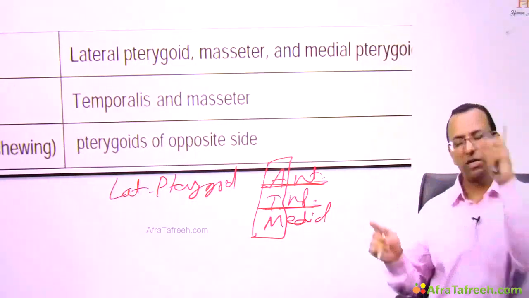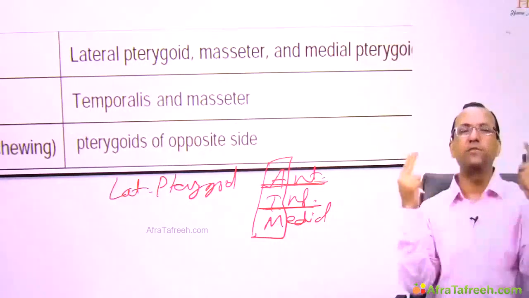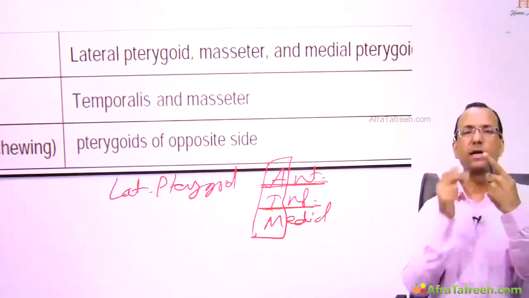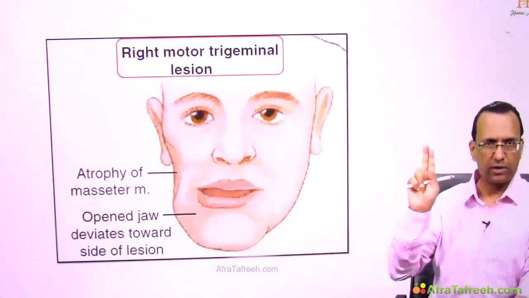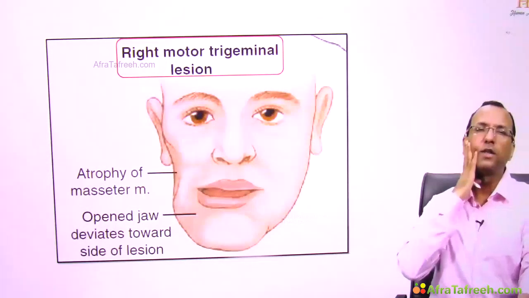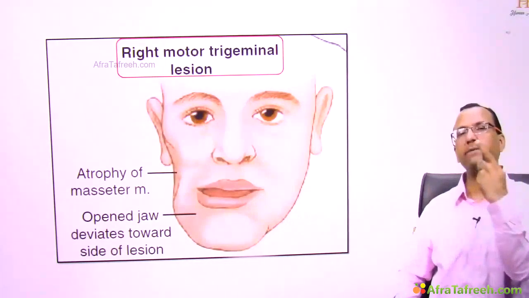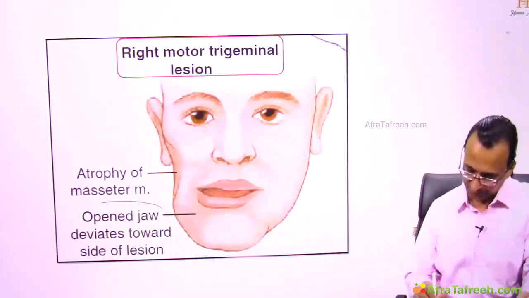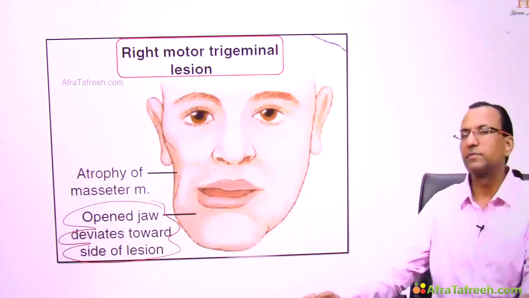Why? Because the other lateral pterygoid is unopposed, more powerful. Normally the lateral pterygoids balance each other, medial cancelled. This is right-sided trigeminal not working, right-sided atrophy of muscle, lateral pterygoid not balancing, so the left lateral pterygoid is more powerful, keeps pulling the mandible to the midline, crosses the midline and deviates to the same side as the lesion.